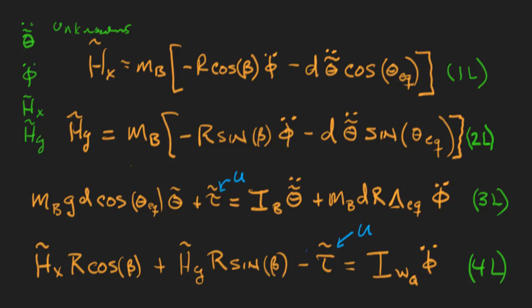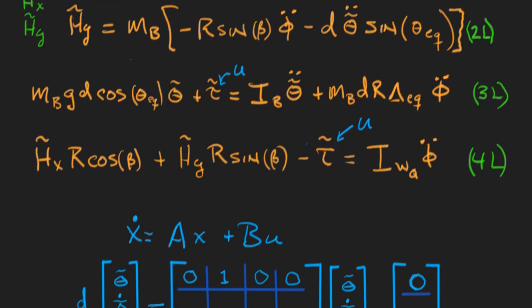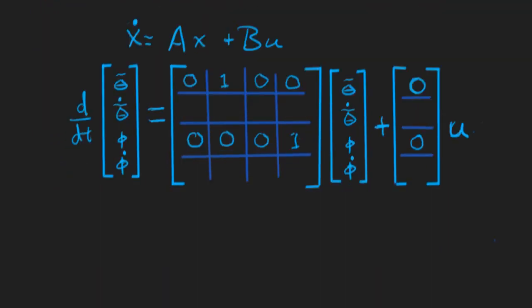There is no theta tilde dot. So therefore, theta tilde double dot and phi double dot will not depend upon theta tilde dot. And for that reason, I should be able to put a 0 right here and right there. Right? There's no theta tilde dependence.